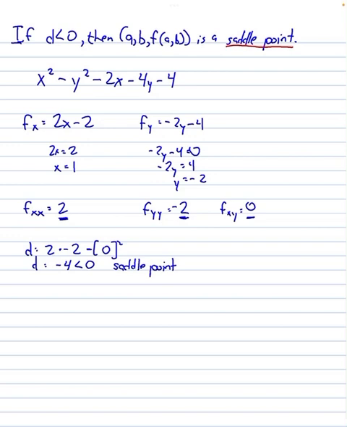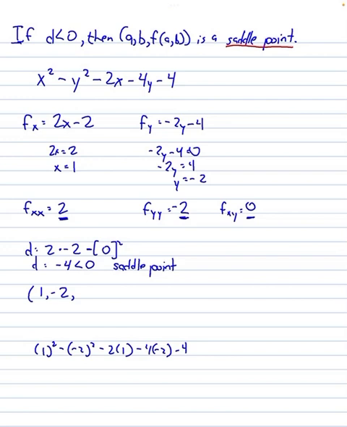So let's look here. Our saddle point, which we already know from our critical points, is going to be 1 and negative 2. I'm going to come on my scratch paper, and the last thing we have to do is plug this back into the original function. So that's going to be 1 squared minus negative 2 squared minus 2 times 1 minus 4 times negative 2 minus 4.